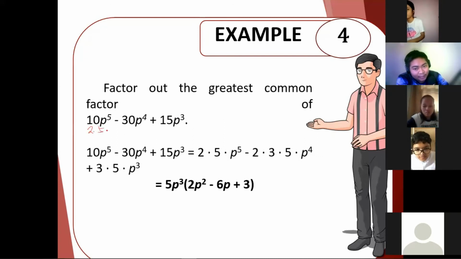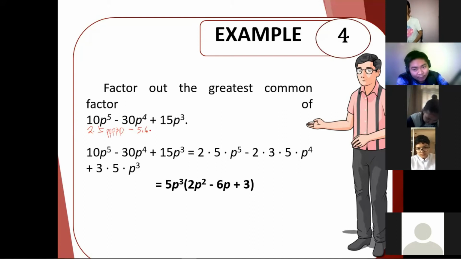Then, p na 5. Then, we have negative 30. This can be written as negative 5 times 6. Diba?